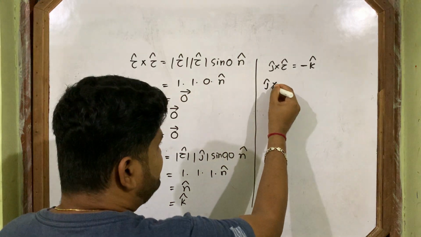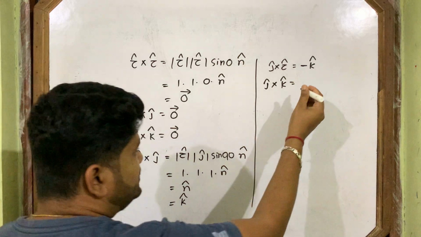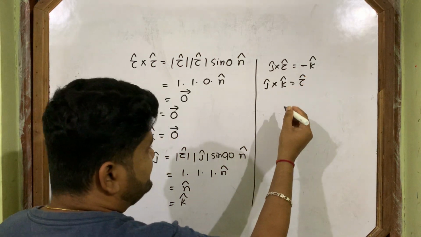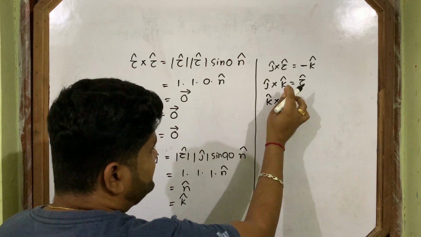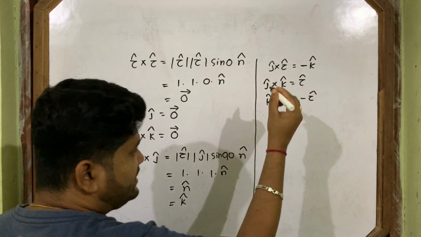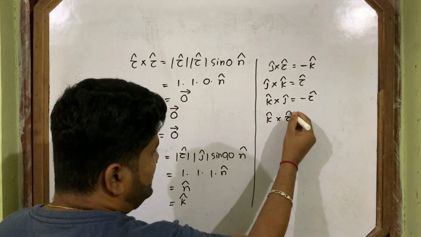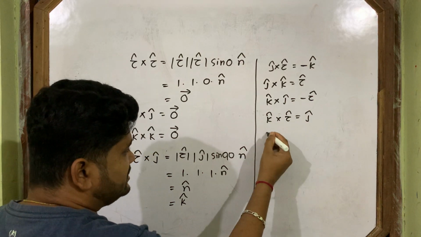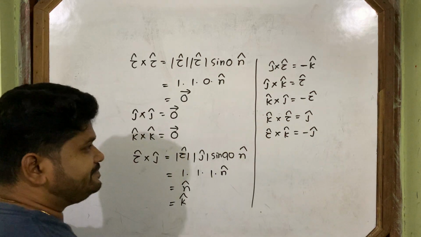Then j cap cross k cap, similarly, we will get I cap. Just change the order, k cap cross j cap is minus I cap. Similarly, k cap cross I cap is j cap. If you change the order, then we will get minus j cap.